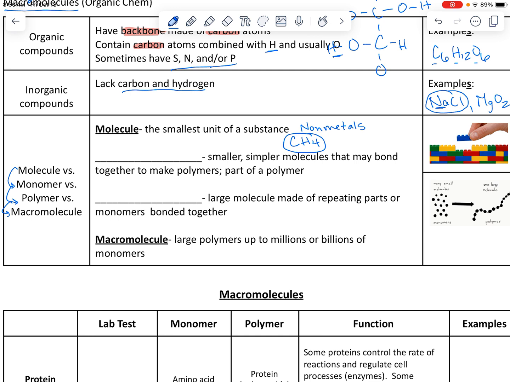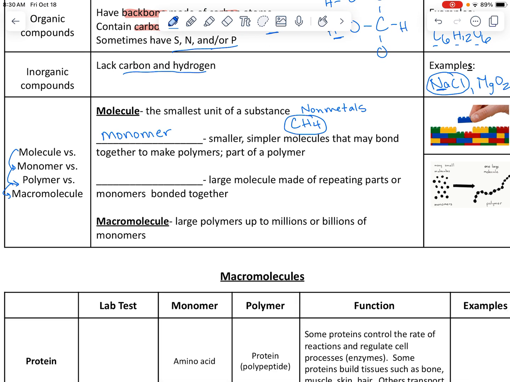And these molecules, as we start putting them together and start building larger molecules, we start creating what's called a monomer. Now, monomers are more complex than molecules. They're larger than molecules, but they're simpler.